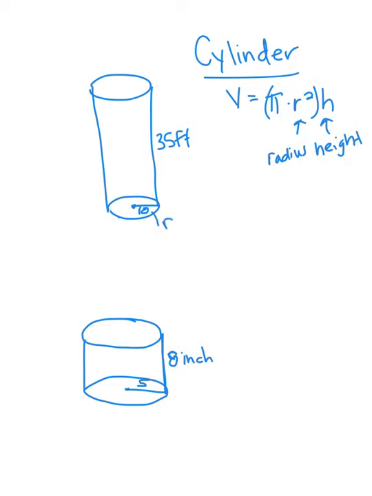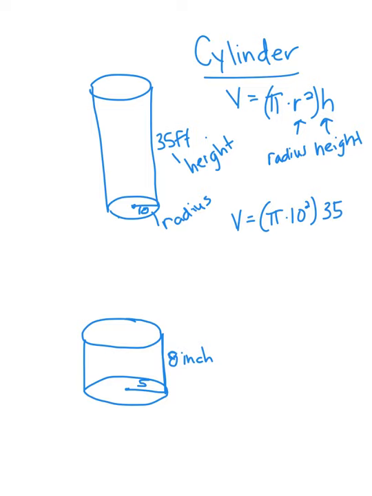This is the radius, and the 35 would be the height. Okay, so you need to stick this into your calculator. For the volume, you're going to do pi times 10 squared times the height, which is 35. So you want to do everything that's in that parentheses first.